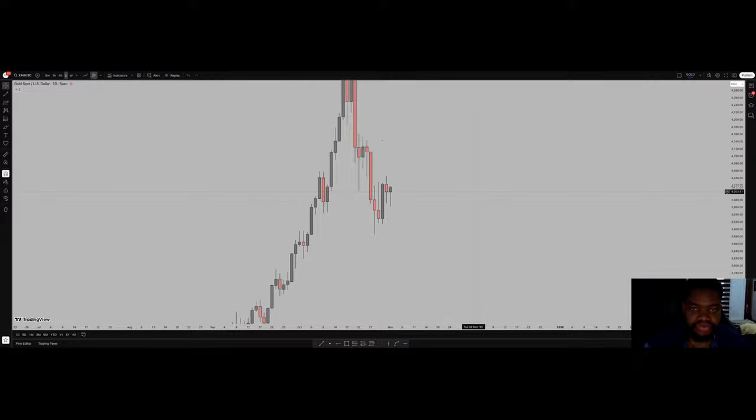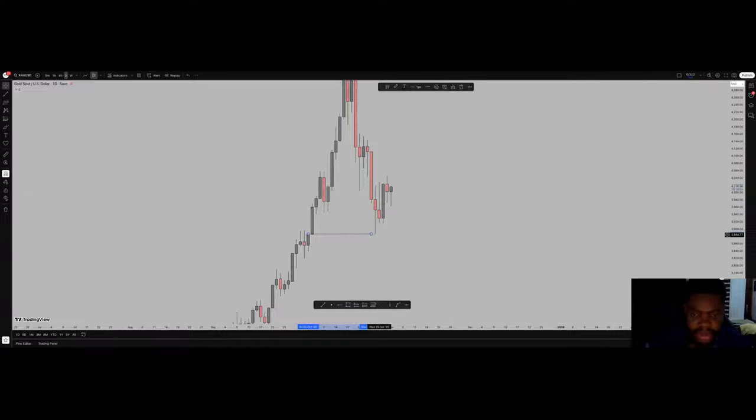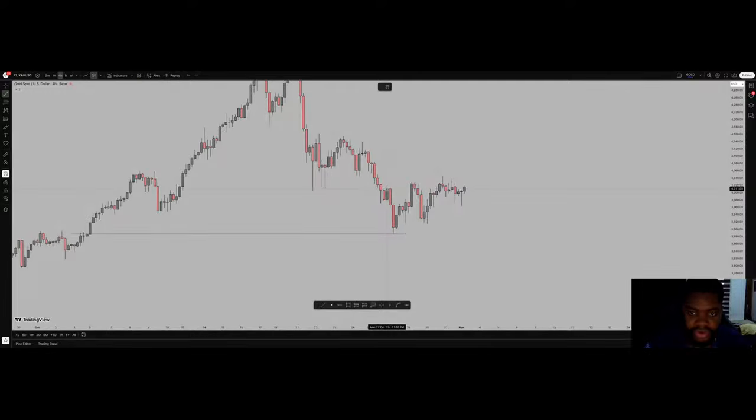So for the daily, this is what I'm seeing. Since we know our weekly and monthly are bullish, we had price reject this daily open close, and then price rejected and broke this. But we know our bias on the daily is bullish until we get to our next obstacle.